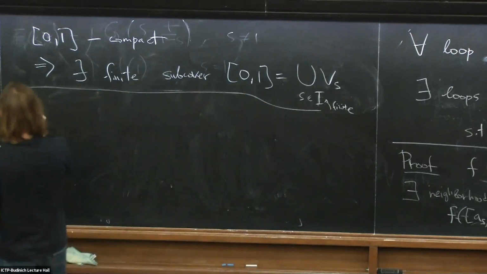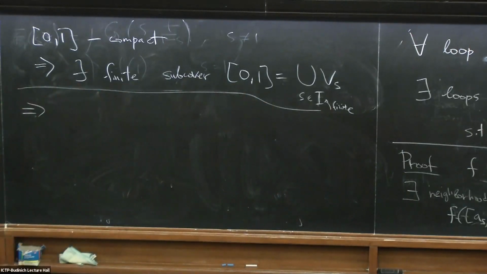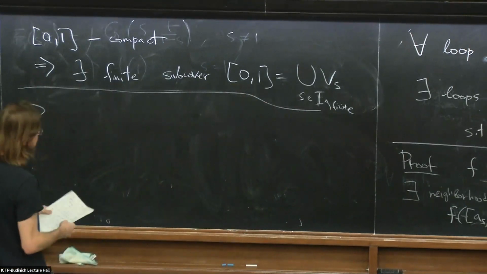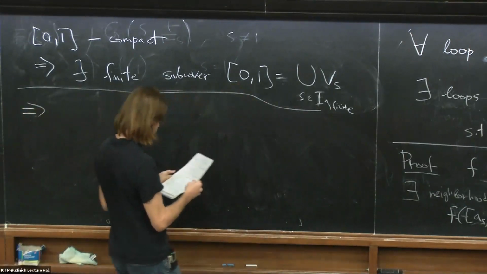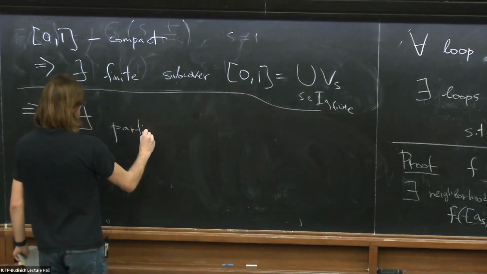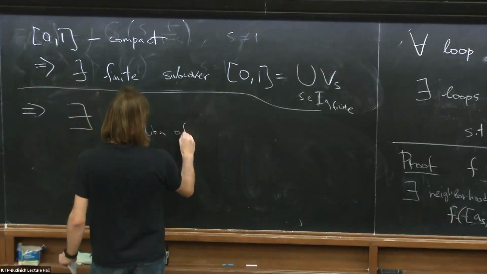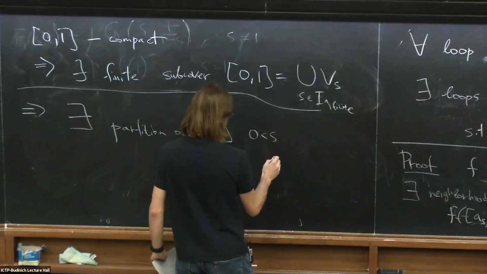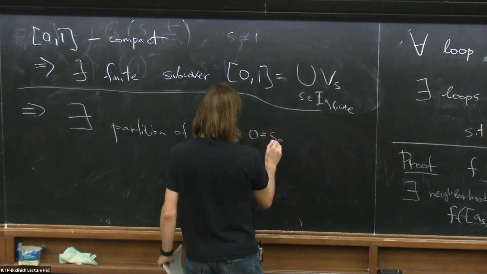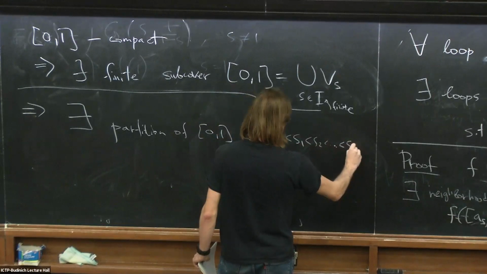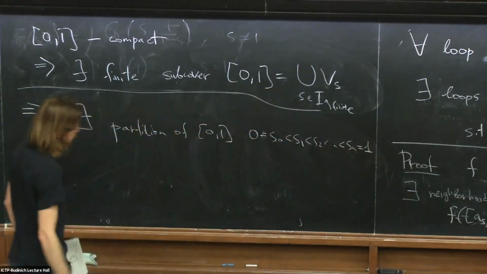And again, similar to what we did before, in the proof of the homotopy lifting property, from this statement we can modify it a little bit to the following statement: that there exists a finite partition of our interval, such that we choose the points as 0, then some next point S1 in this interval, S2, and so on till Sn, which coincides with 1. So it's the ordered points inside the interval.